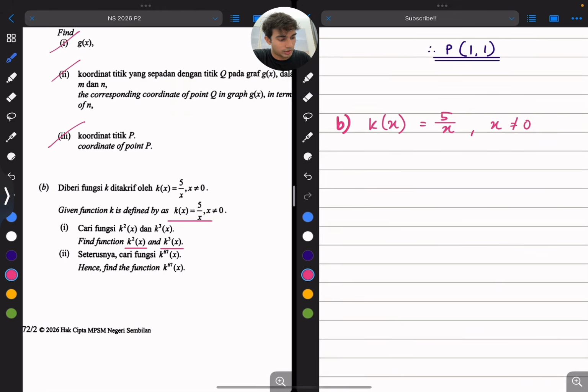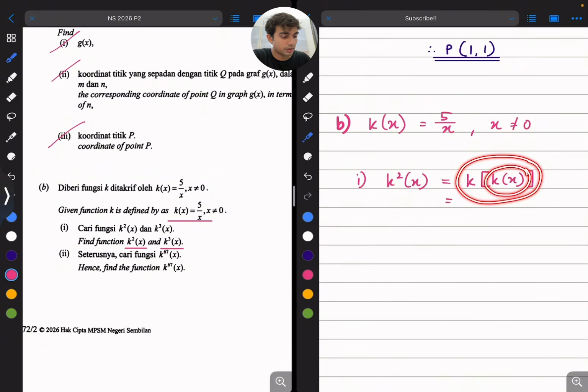Okay, let's do B1. They're asking us to find k square x. So k square x is the same as k of k(x). So you have to put k(x) into k(x). It means we have k of 5 over x, so you get 5 over 5 over x.